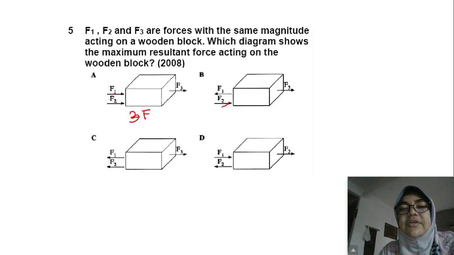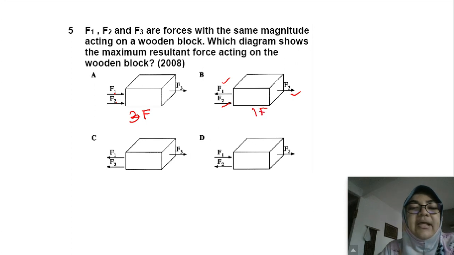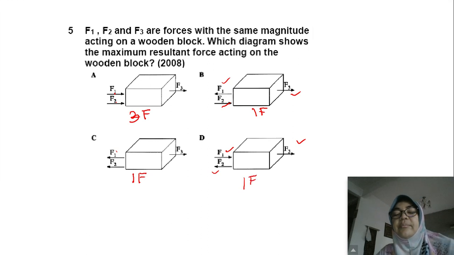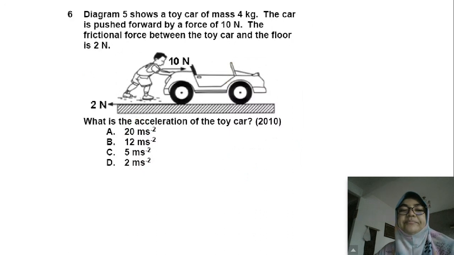Okay, we have two forces to the right and one force to the left. So 2 minus 1 is 1F. C, two forces to the left and one force to the right. Okay, so 2F minus 1F is 1F. Two forces to the right, one force to the left, 2 minus 1 is 1F. So the answer is A.